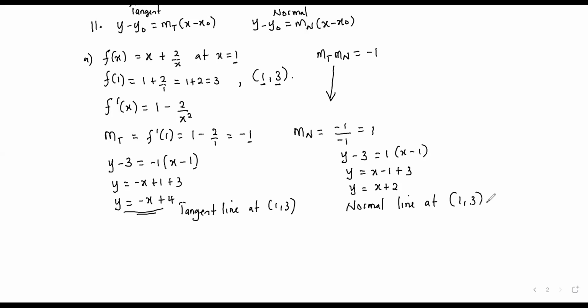Like that. You see? That's how we get both the tangent and the normal line. That is for A.